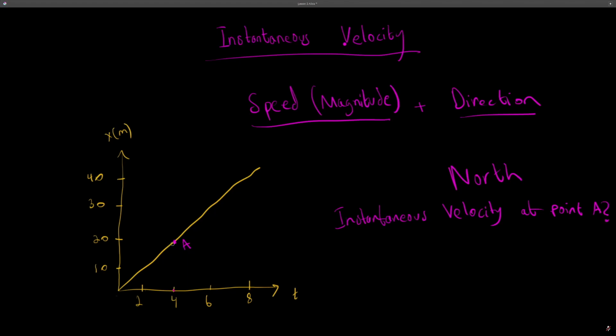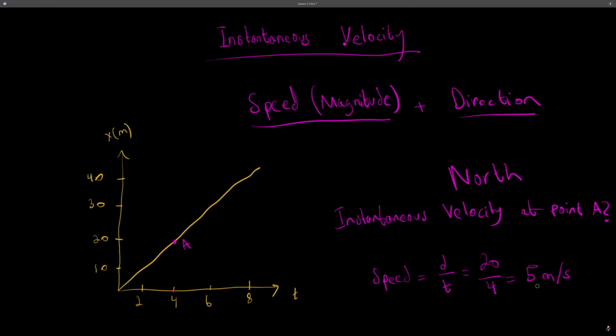Well, we look at point A here, and we see that in 4 seconds, it traveled 20 meters. And we know that speed is equal to distance over time. So let's calculate the speed, which is equal to 20 over 4, which is equal to 5 meters per second.